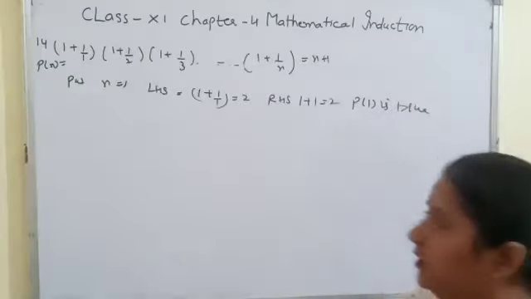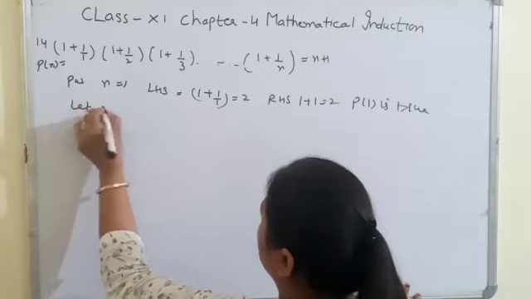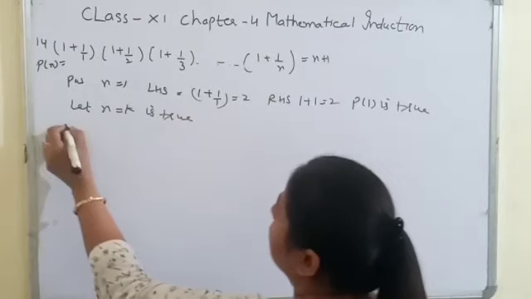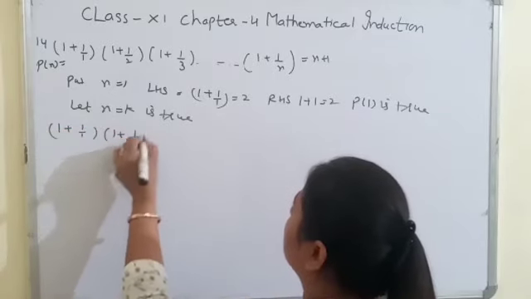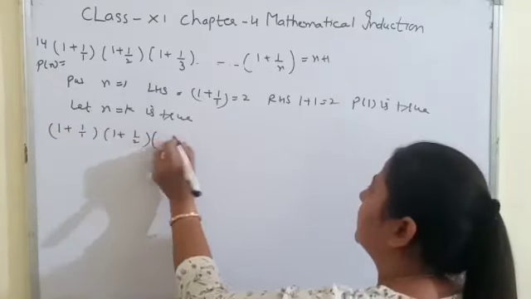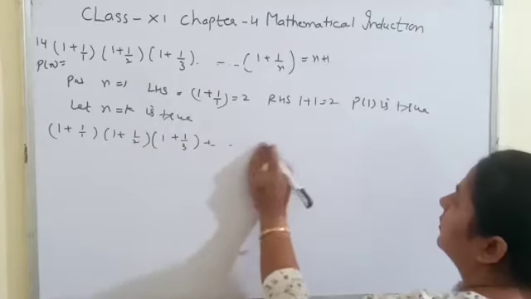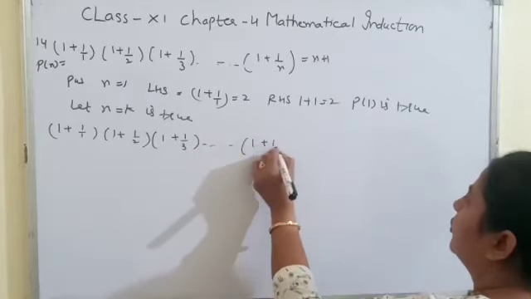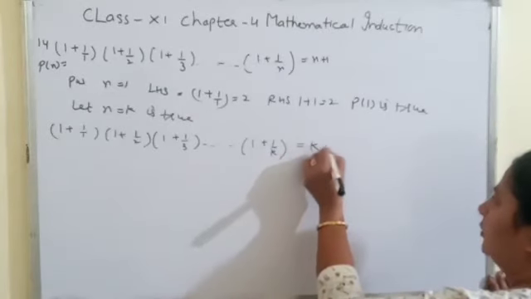Second step, we will put n equal to k. Let n equal to k be true. 1 plus 1 by 1, 1 plus 1 by 2, 1 plus 1 by 3, up to 1 plus 1 by k is equal to k plus 1.